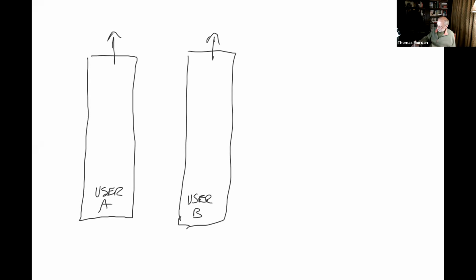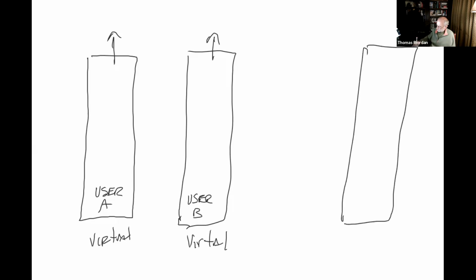This is virtual. And here we have the actual physical memory, of which there's plenty. There's a lot of it.